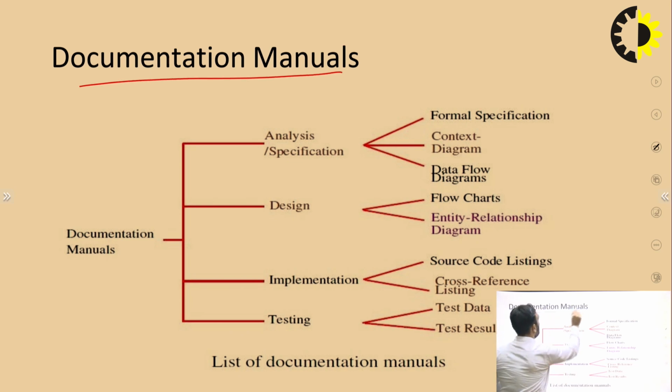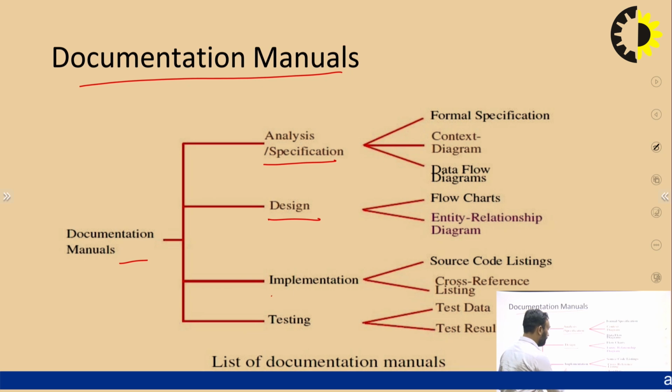software. So what will a documentation contain? These are some broad divisions of a documentation. Like, what are the specification of a software, their design, implementation and testing. Further, specification will divide into a formal specification, context diagram, data flow diagram.